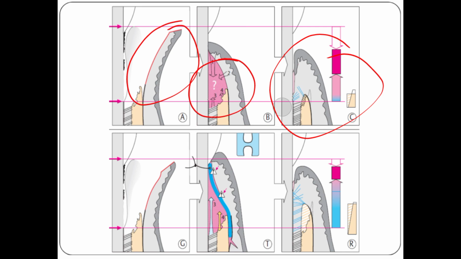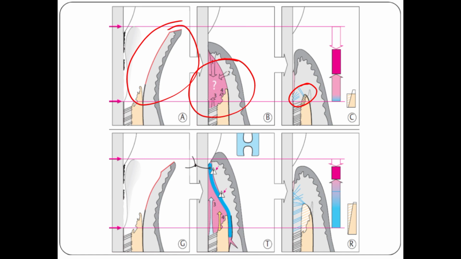You can see these blue attachments, and there is marginal shrinkage of the gingiva, seen in the open arrow. A small residual pocket, seen in red, remains.